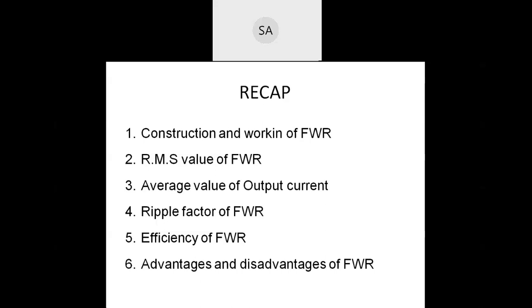During the positive half cycle, the diode D1 will conduct and the current flows through the diode and load resistance into the transformer secondary winding with respect to the ground. During the negative half cycle, the diode D2 will conduct and the current flows through the load RL, the diode and the secondary winding of the lower center tapped winding.